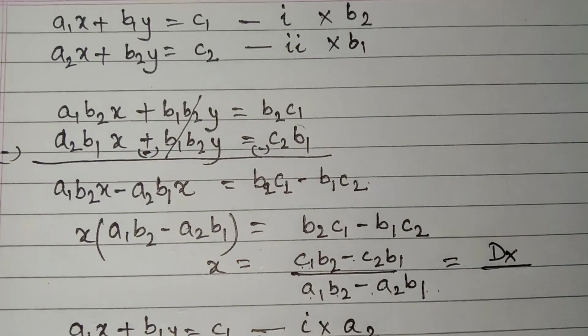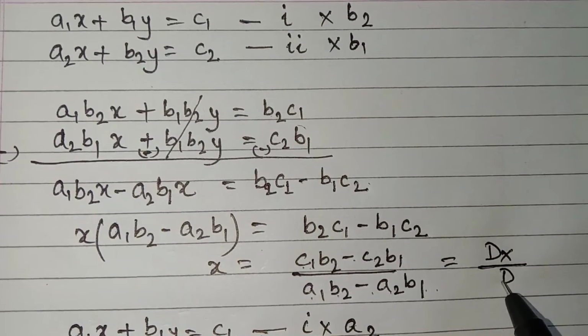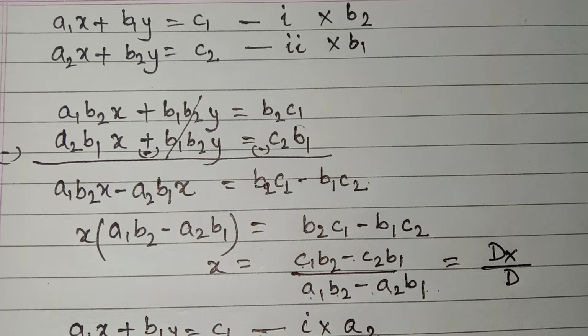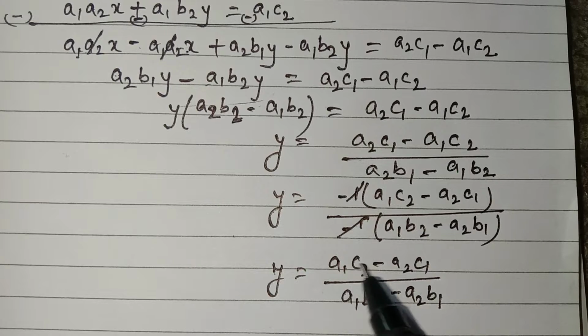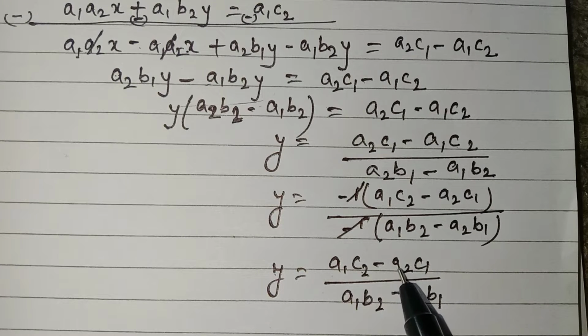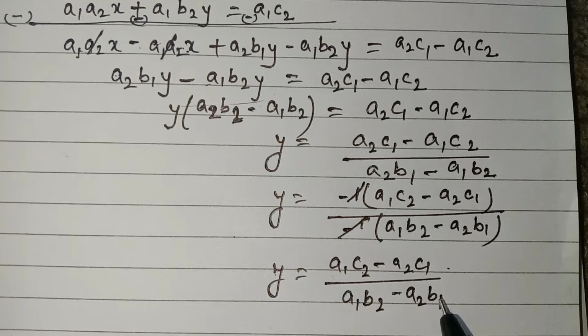So we write here D. Okay. So now let's check what is the solution of y. The solution of our y is A1 C2 minus A2 C1 upon A1 B2 minus A2 B1.